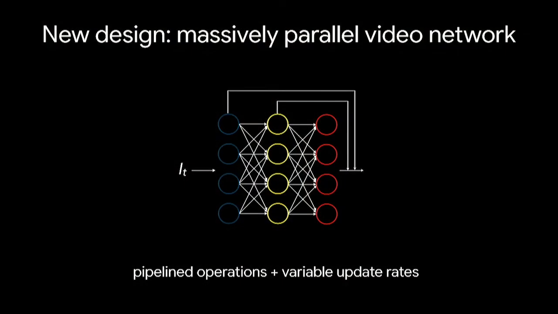So now, if we put all these observations together, we obtain something like this. We obtain a Christmas tree, if you want, where all the layers work all the time, but they work at different rates. So we are pipelining operations, and this generates more parallel processing, and we can now update our layers at different rates.